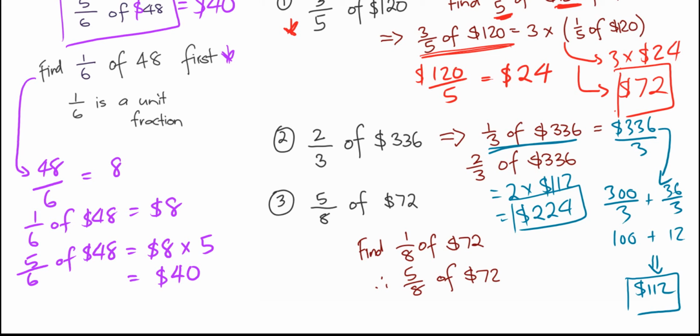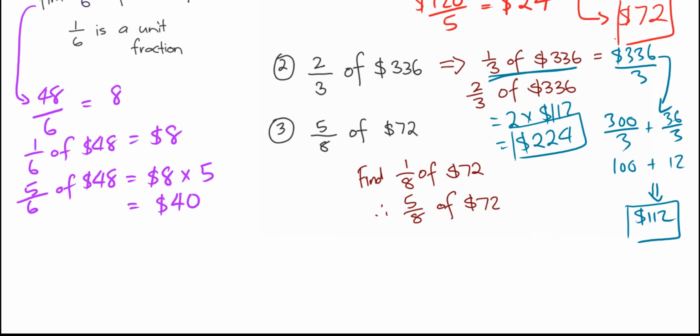Okay, 5/8 of $72. We want to find 5/8, so therefore find 1/8 first. So 1/8 of $72 is the same as 72 divided by 8, which we know is $9.